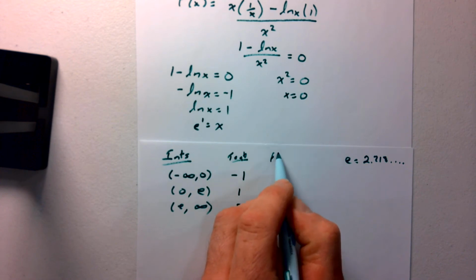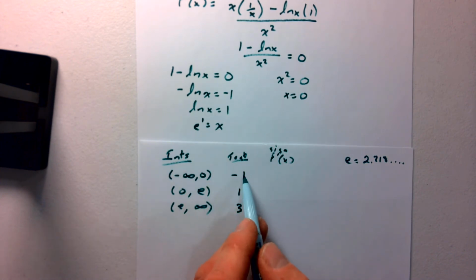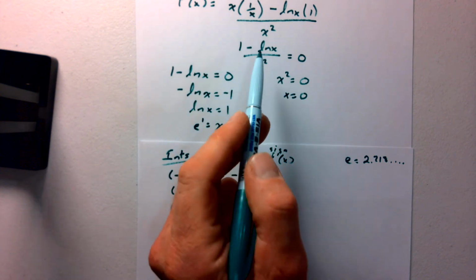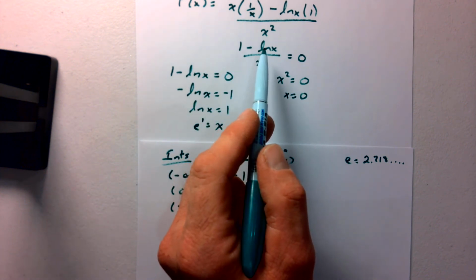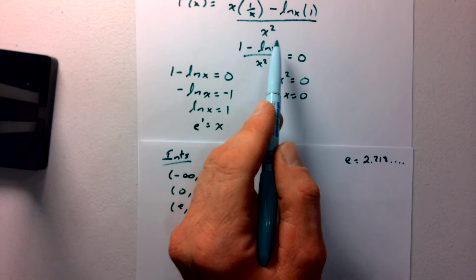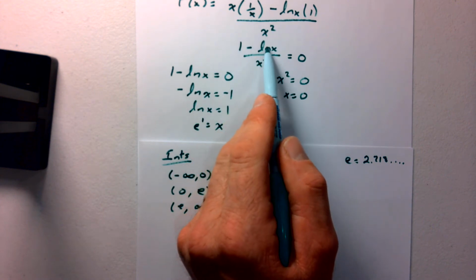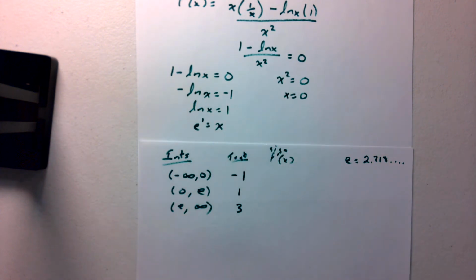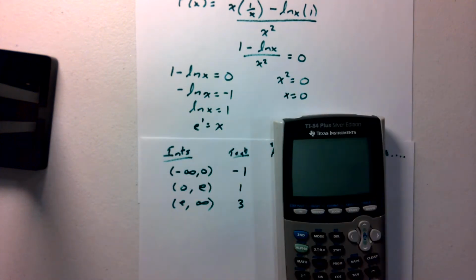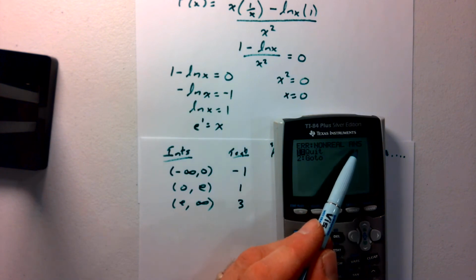And I'm going to look at the sign of f prime of x. So I plug negative 1 into my first derivative. I'm going to guess some of us are going to throw this into our calculator, which is completely fine with me. So 1 minus the natural log of negative 1 is going to give me a non-real answer.